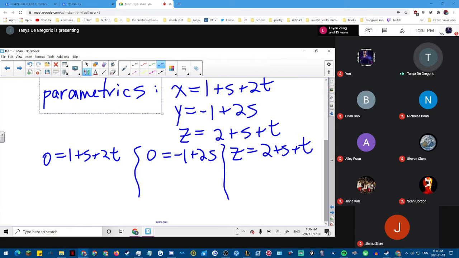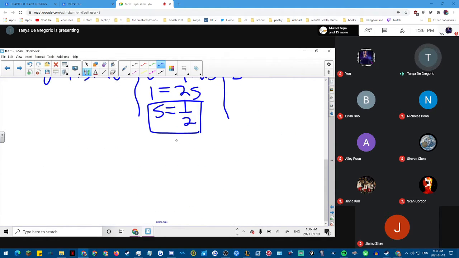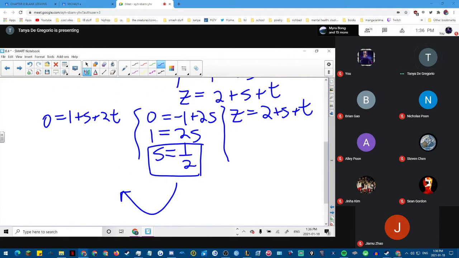So let's go ahead and solve for s. Otherwise, I can't do anything, right? And I see that s equals 1/2. So once I do this, then I can go and sub in and find t.